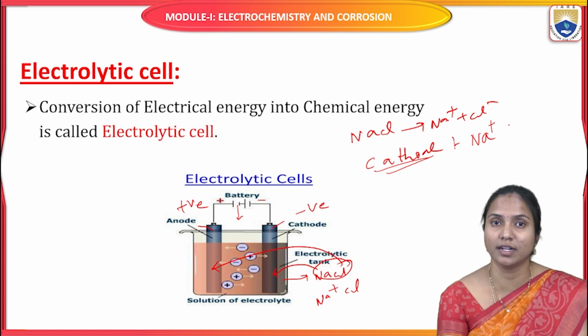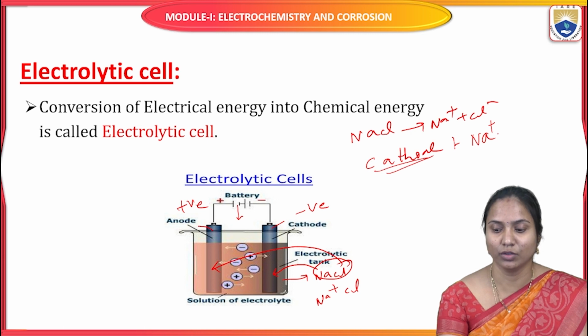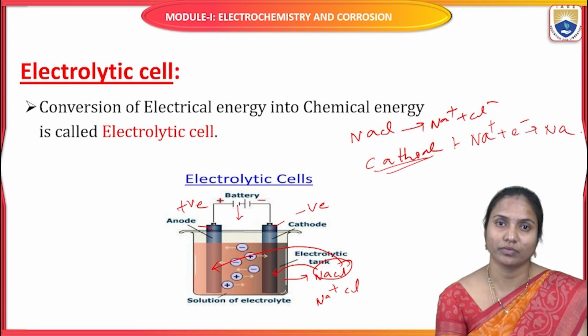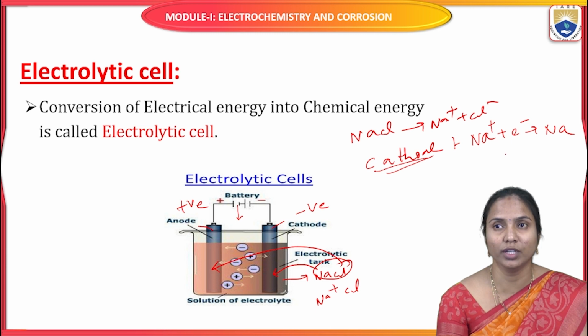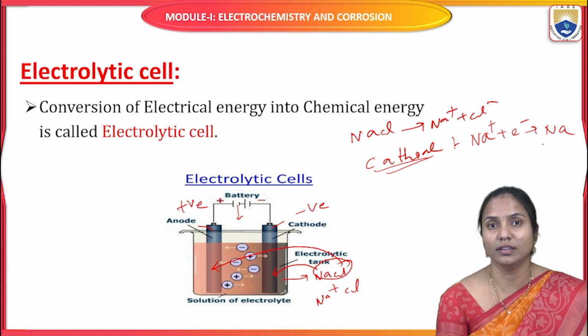Already we know that reduction reactions take place at the cathode. Reduction means gain of electrons. So Na plus gains an electron and is deposited there as sodium. This is the cathodic reaction.